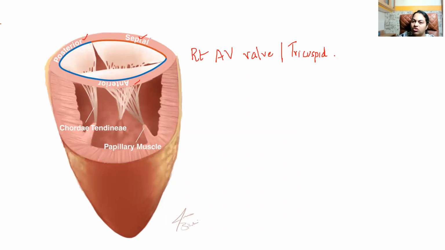So, what are the things which should pop into your mind when you talk about a valve or valvular complex? Okay, the valvular complex has the following. The first one, orifice. The right atrioventricular orifice is the opening that you see there.